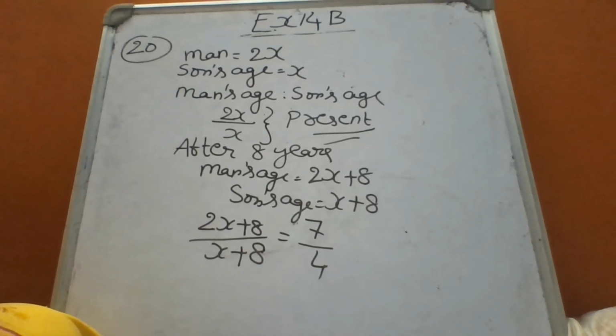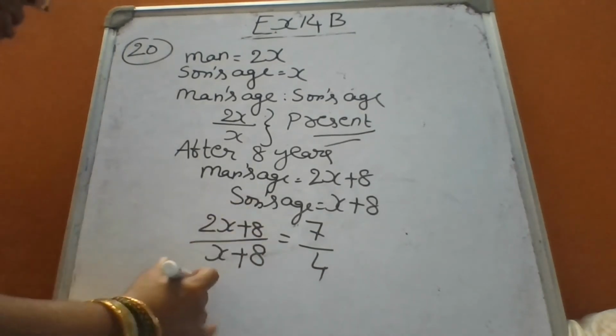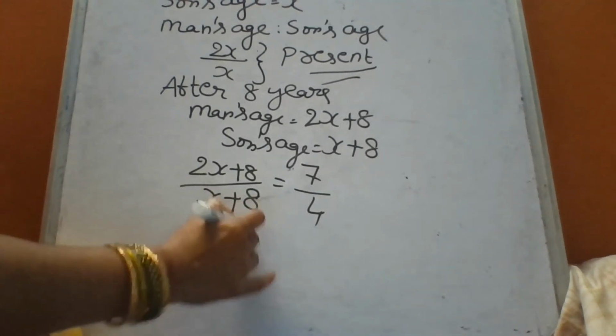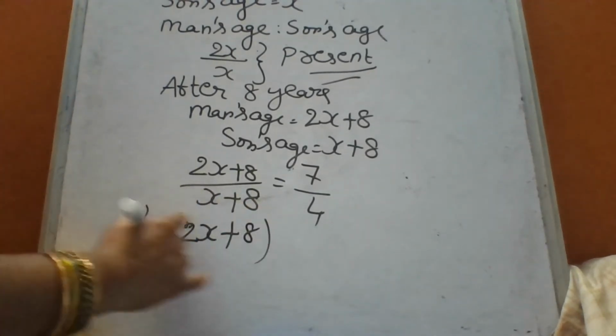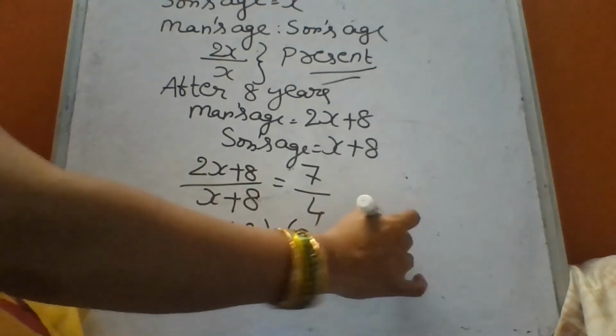So, now the equation is formed. We have to just solve it. So, we will do just cross multiplication. It will be 2x plus 8 into 4 is equal to x plus 8 into 7.